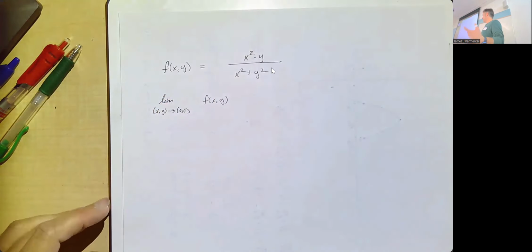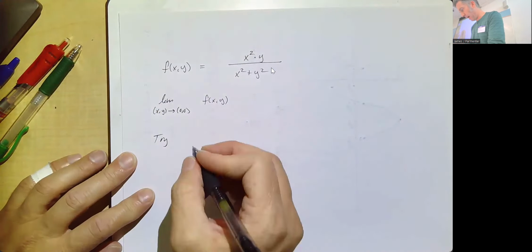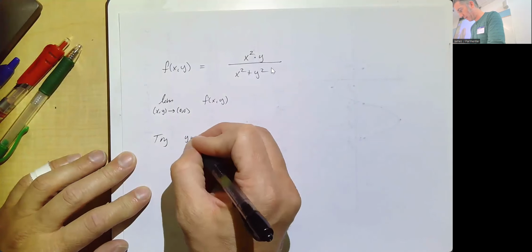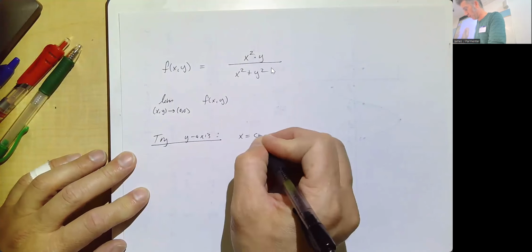And so let's pretend this was like the quiz, and I said, I'm going to give you two paths. I want you to try the path along the y-axis, which is really x equal to 0.